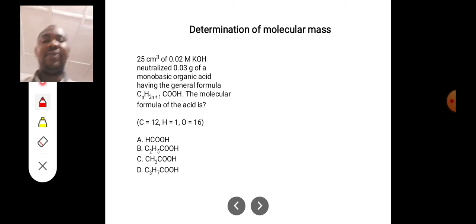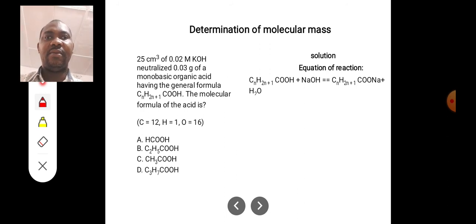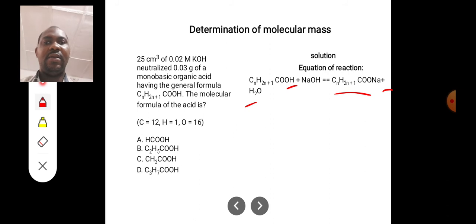The molar formula of the acid is... okay, we are going to do the same thing here. Solution, equation of reaction: you have the acid plus sodium hydroxide giving us, since it is a monobasic acid, the sodium will displace this hydrogen to give us sodium alkanoate, plus water, as it's supposed to be.